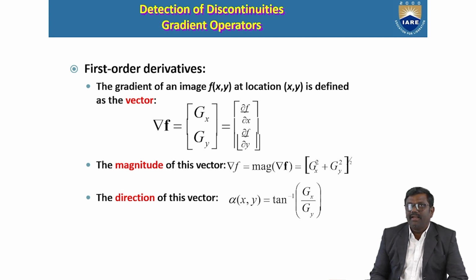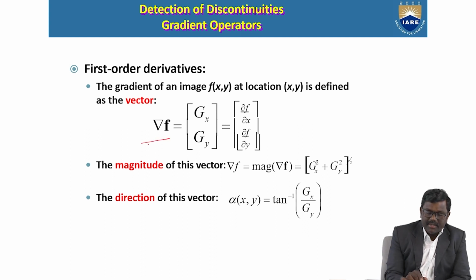So far we have generalized the equation and concentrated on detection of discontinuities in image processing, where we apply a certain operation called gradient operations, the first order derivative, which helps us find the gradient.